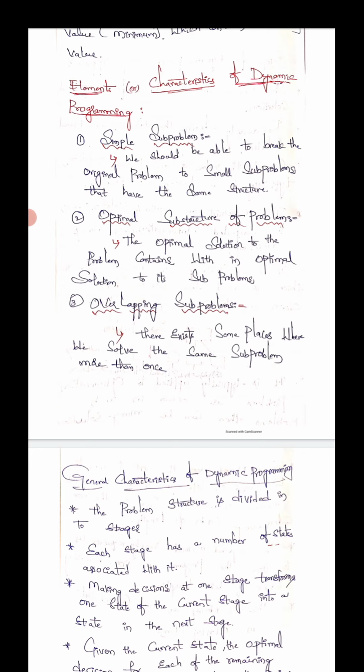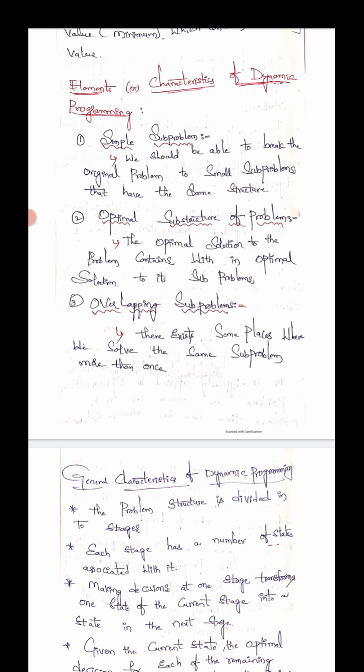We make decisions at one stage, which transform one state of the current stage into a state in the next stage. Likewise, the optimal solution to the problem will contain within it optimal solutions to its subproblems.